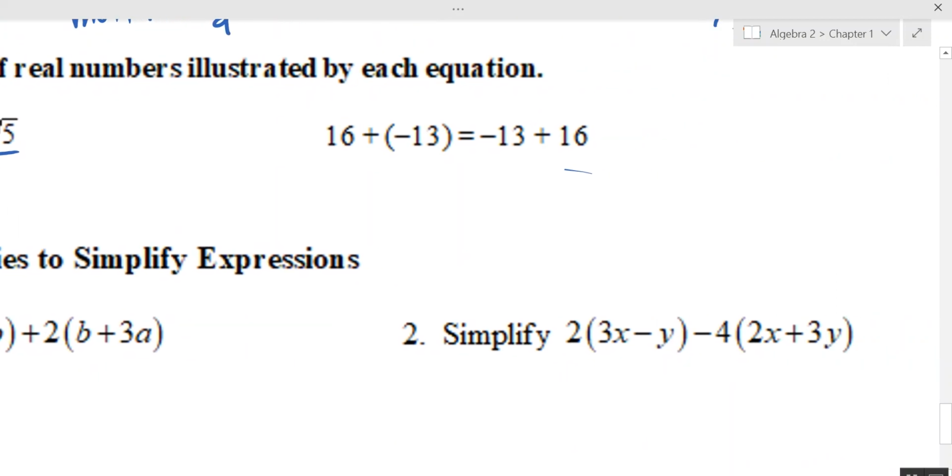And this one over here, think about what's changing. The order is changing. So if it's order, that's always the commutative property. And you always need to say, is it of addition or multiplication? In this case, this is of addition.